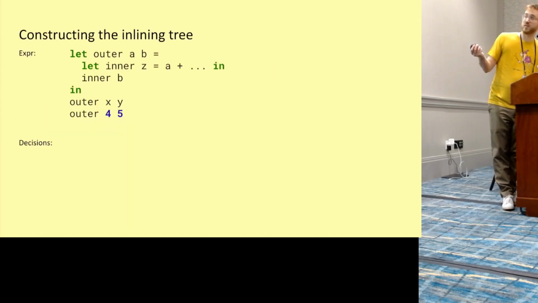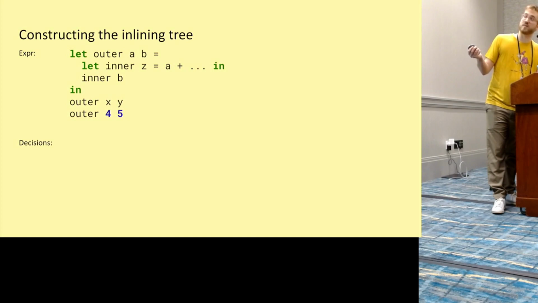Now, constructing this inlining tree is a two-step process. The first thing we are going to do is collect what we call relative histories on function body and apply nodes. These histories are relative to the previous node that is considered for inlining. Every time we see a function definition or an apply node in the inliner, we are going to store the decisions.